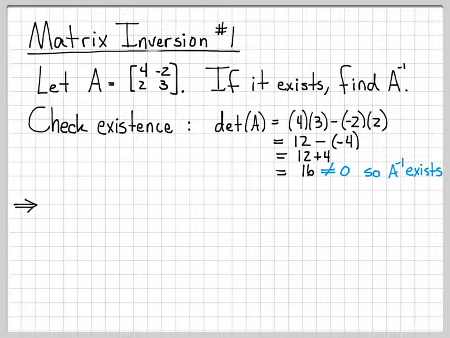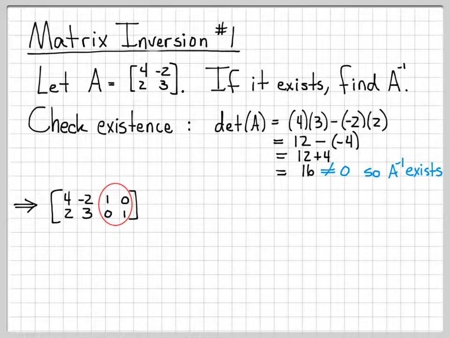So let's go ahead and compute A inverse. The general way to do this is to create an augmented matrix that has A, the matrix you want to invert, as the first half, and then an identity matrix as the second half. This right here is a 2 by 2 identity matrix. It's a matrix that has zeros everywhere except ones down the diagonal. So we've created an augmented matrix that has the form of A in the first half and I in the second half.